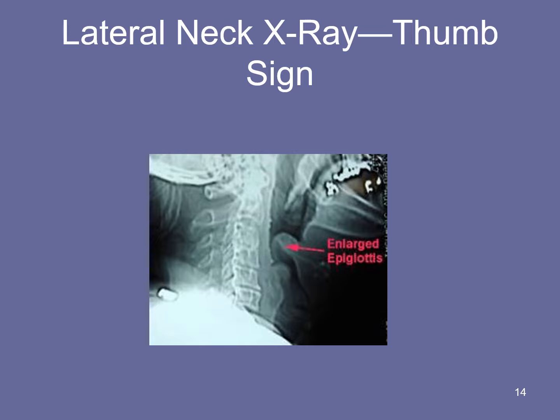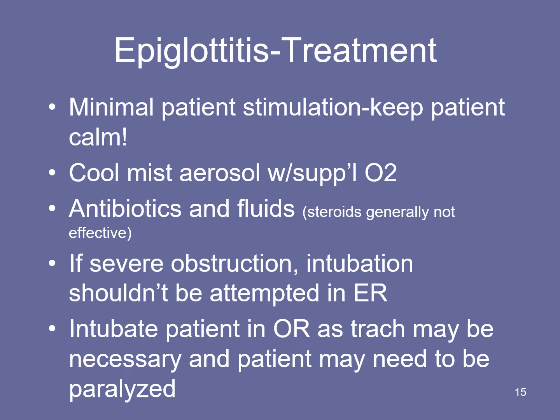In the case of the thumb sign, it's radiopaque. It's the actual swollen epiglottis and the supraglottic region, assuming that thumb sign configuration. And you can see that the arrow is pointing to what it might actually look like on an actual neck X-ray of a patient who's experiencing epiglottitis.